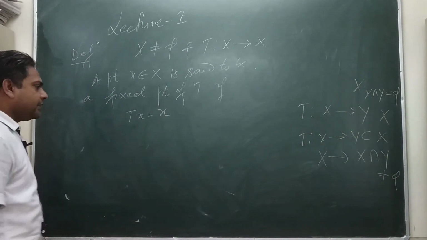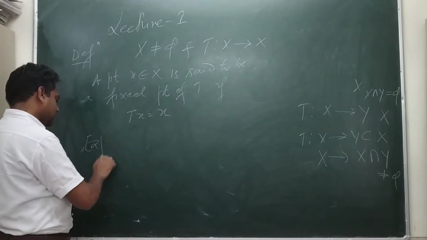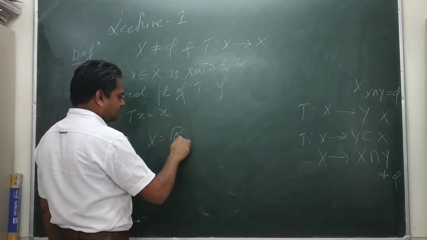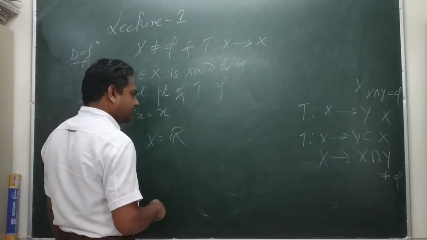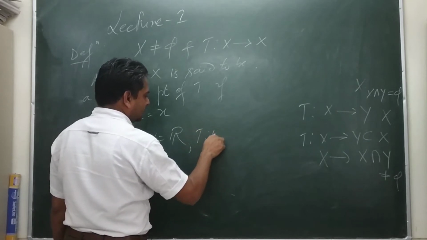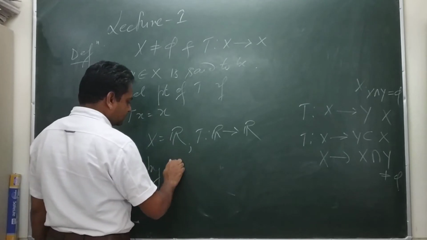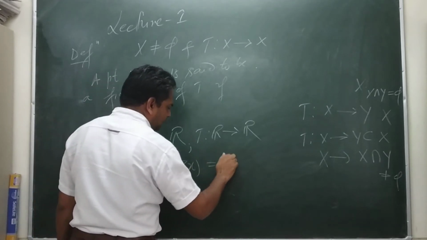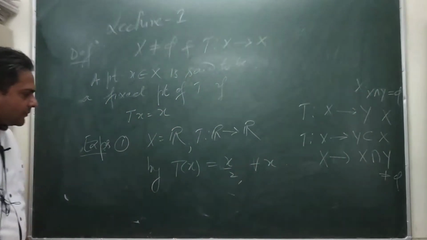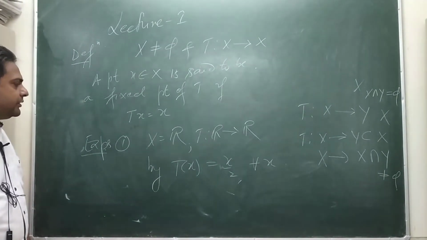So let us see some examples of a fixed point. First example, I am going to start with a very simple one. Take X equals R, and T is a map from R to R defined by the rule T(x) equals x/2 for all x in R. Here we can easily verify that 0 is the only fixed point.